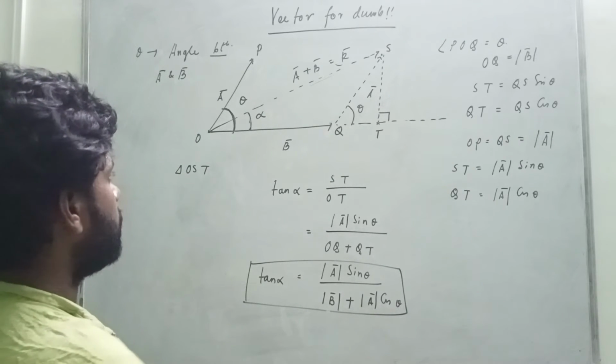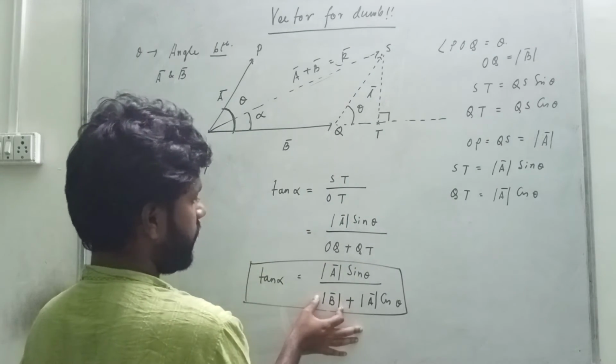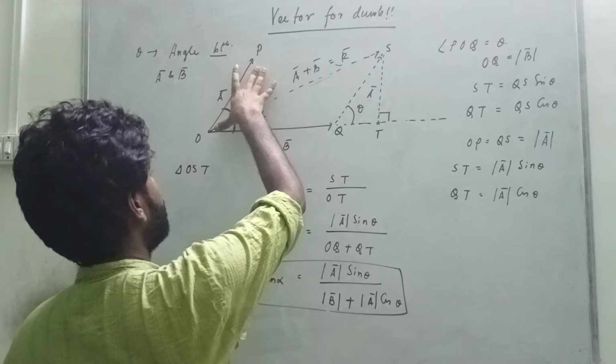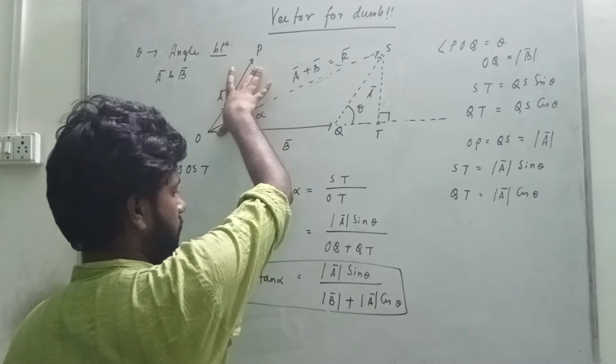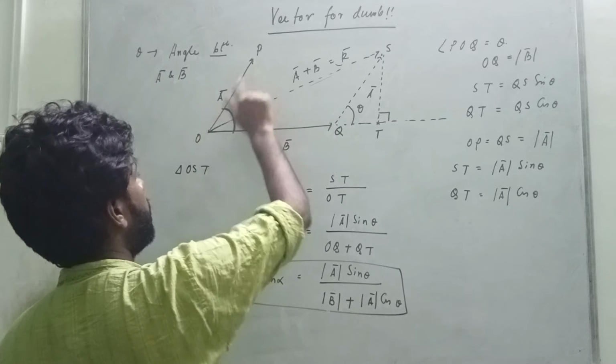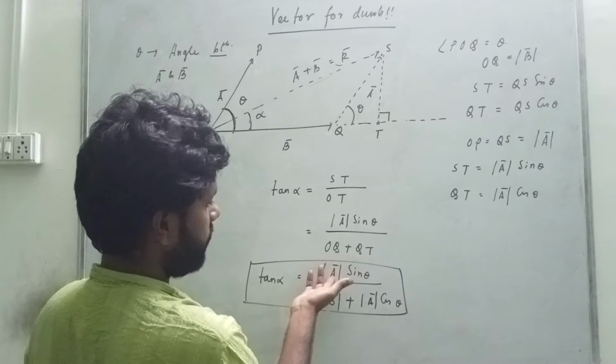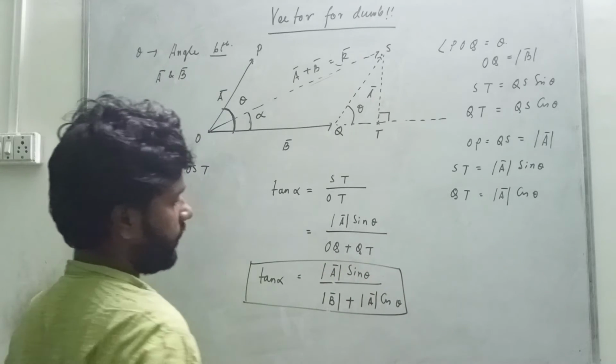If I want to calculate the angle with B, so B goes to null, and another vector is A, and this angle theta between A and B goes with A. So A sin theta and A cos theta.